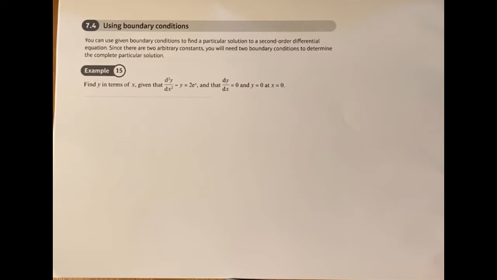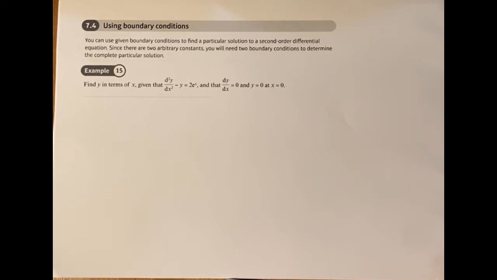Right, so over here we have an example of a differential equation, and boundary conditions are a sufficient set of information that you can substitute into our equation to help us identify those constants that we normally get, like a and b, in our general solution.